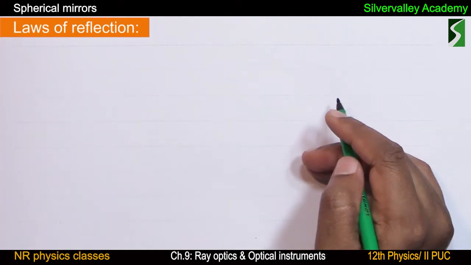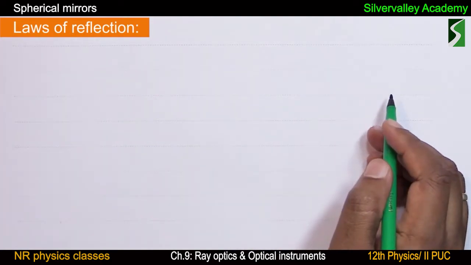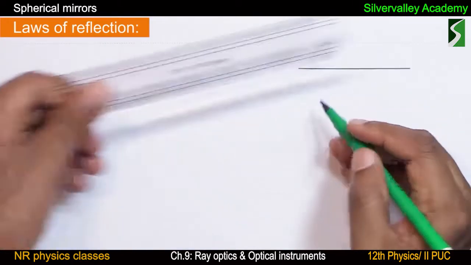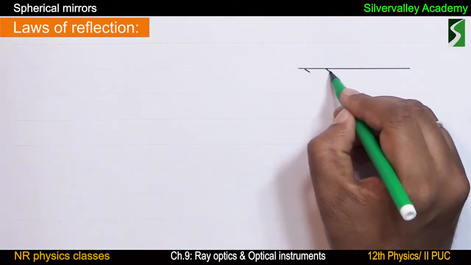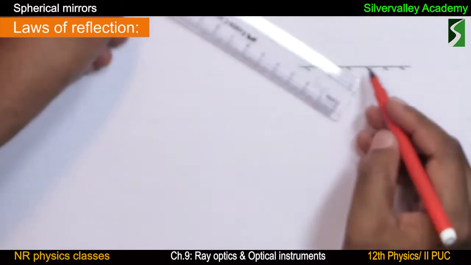Laws of reflection. First law, the incident ray, the reflected ray and the normal drawn at the point of incidence lie on a plane. If this is a reflecting surface, this is the incident ray.